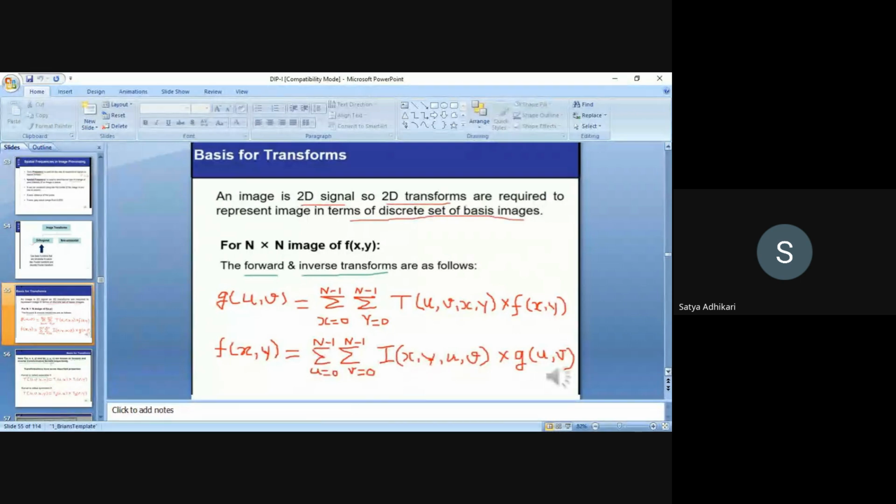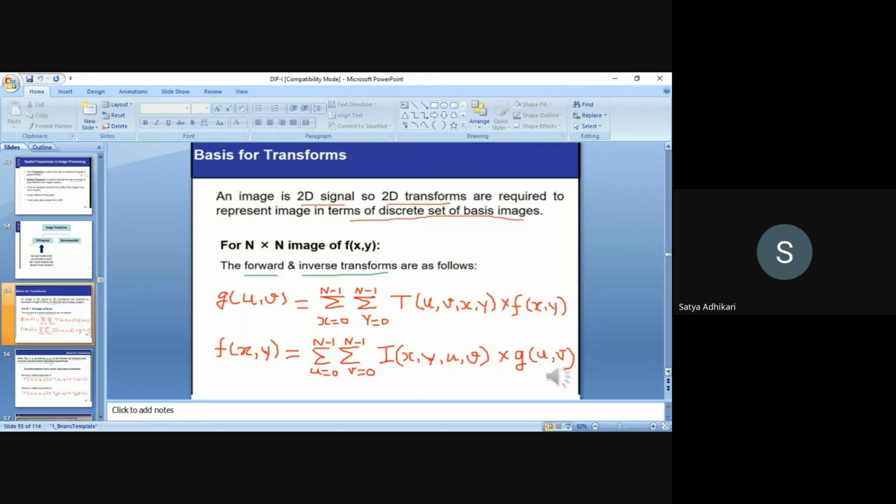If we apply the inverse transformation, as the name suggests, we convert that new form back to the original form. Suppose we are converting from form A to form B using forward transformation. Similarly, using inverse transformation, we will get from B to A. A is the original form.